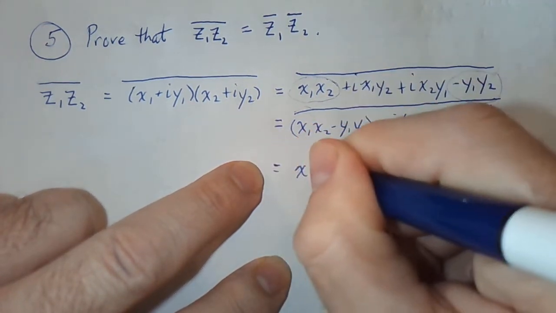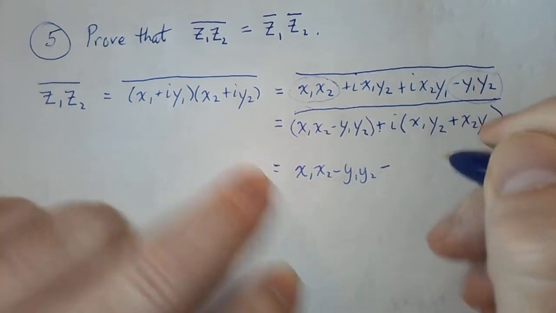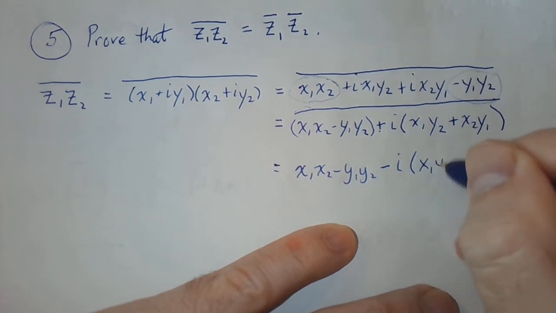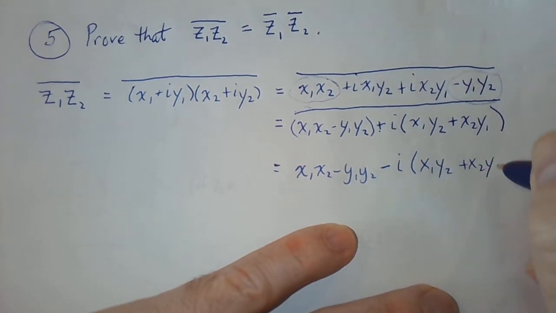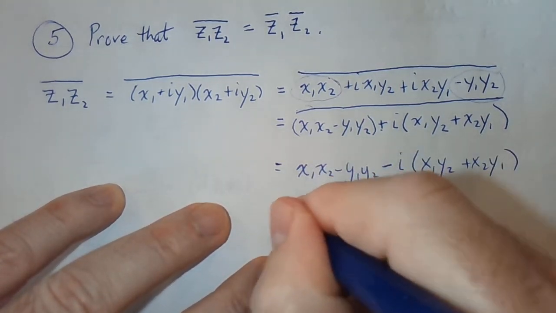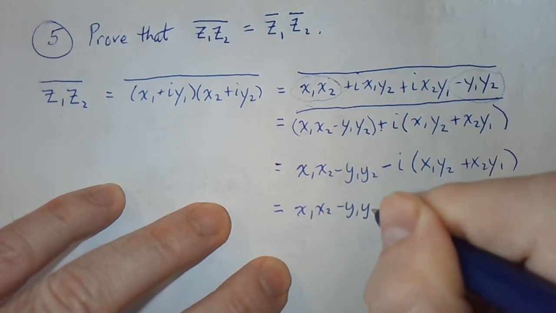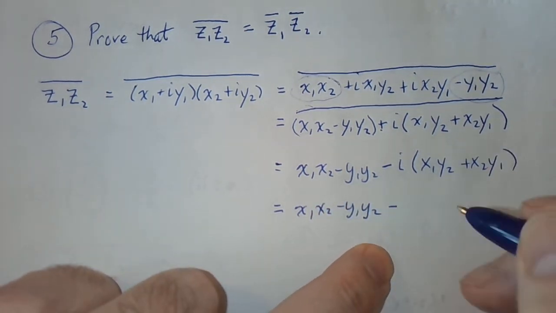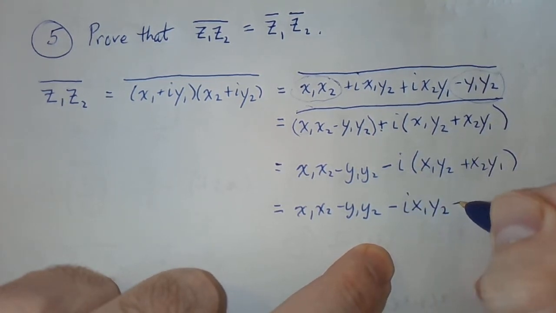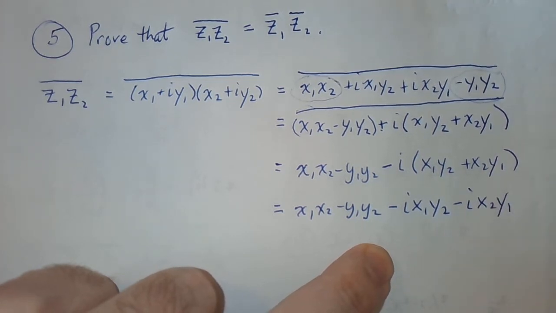So we get x1 x2 minus y1 y2 minus i times x1 y2 plus x2 y1. Let's distribute the negative i through here, and we'll get x1 x2 minus y1 y2 minus i x1 y2 minus i x2 y1.